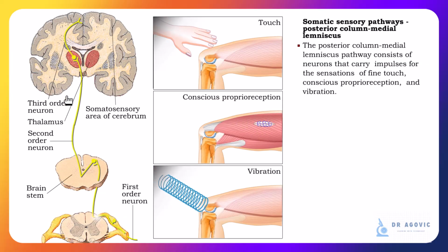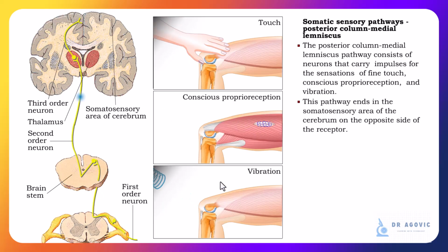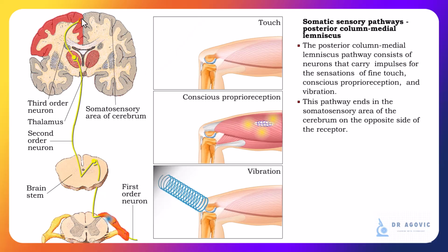The posterior column medial lemniscus pathway consists of neurons that carry impulses for the sensation of touch, conscious proprioception, and vibration. This pathway ends in the somatosensory area of the cerebrum on the opposite side of the receptor.